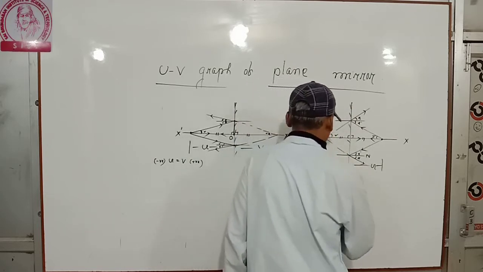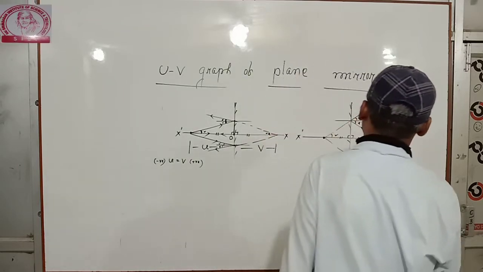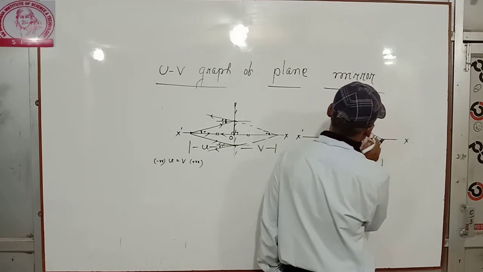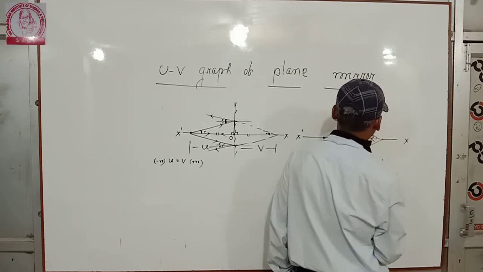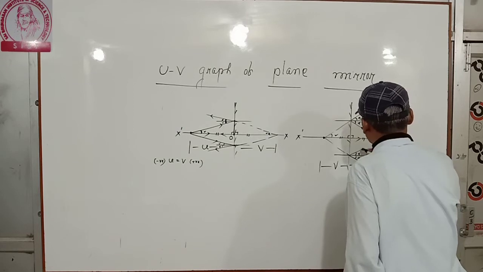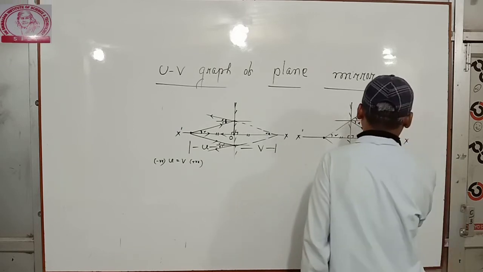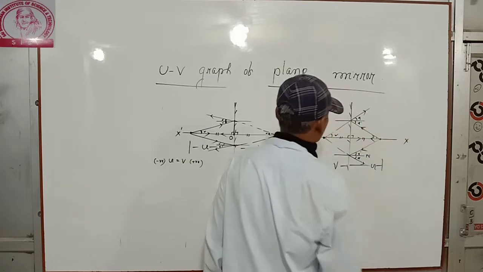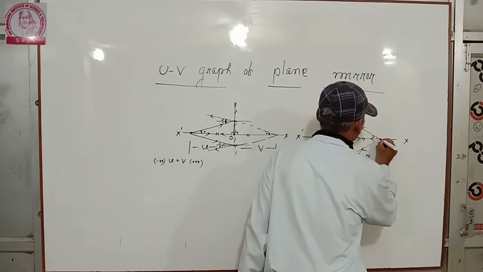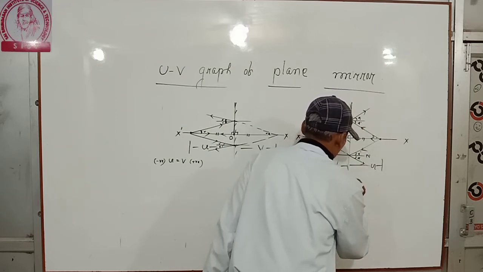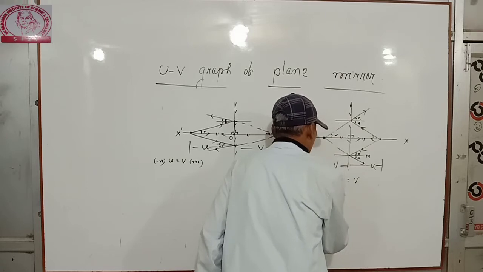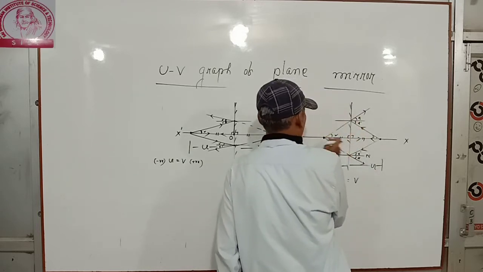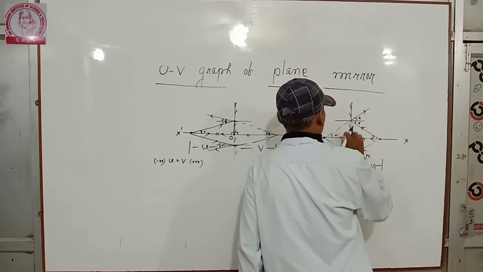So here, u is equal to v, but u is positive while v is measured along the negative x-axis. These are the extended rays.